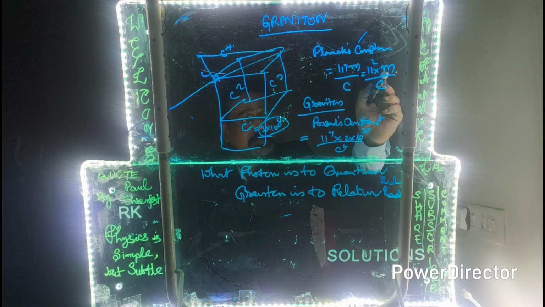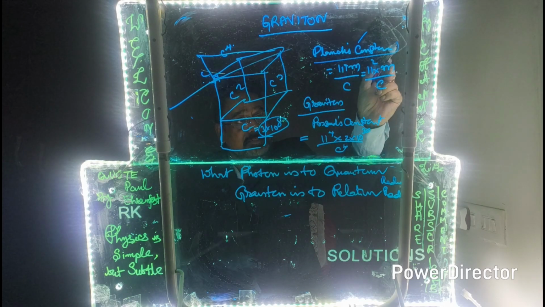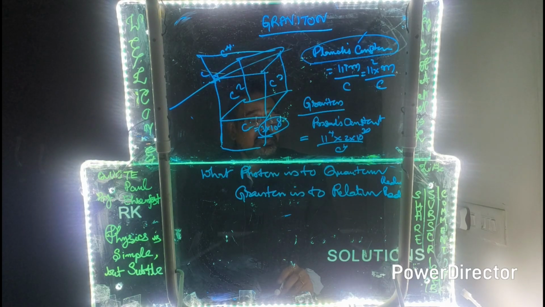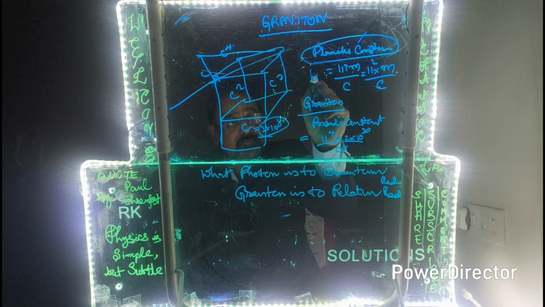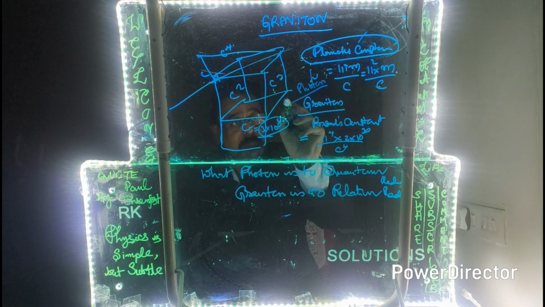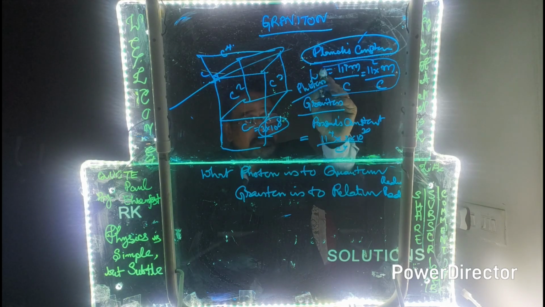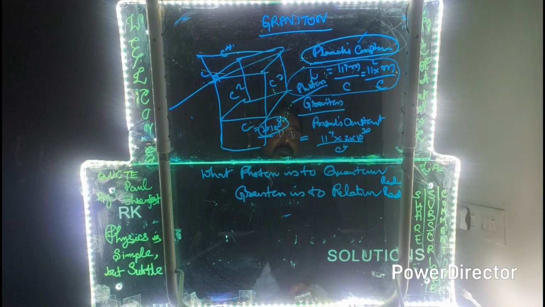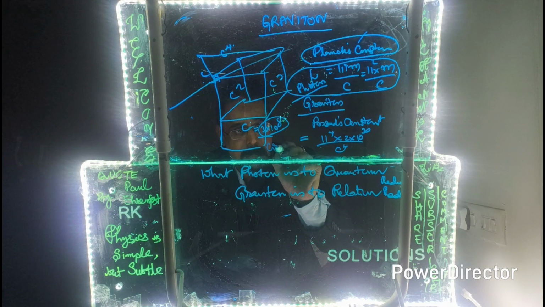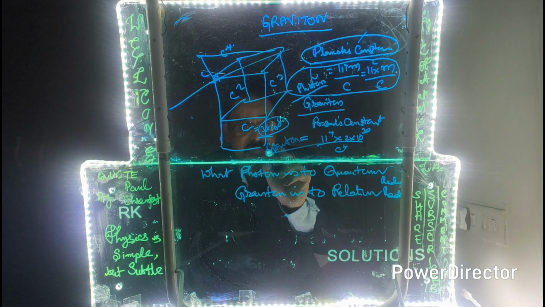So here this was Planck's constant, meaning photon. This was photon, right? Each photon is this much. So this is graviton. This is graviton.